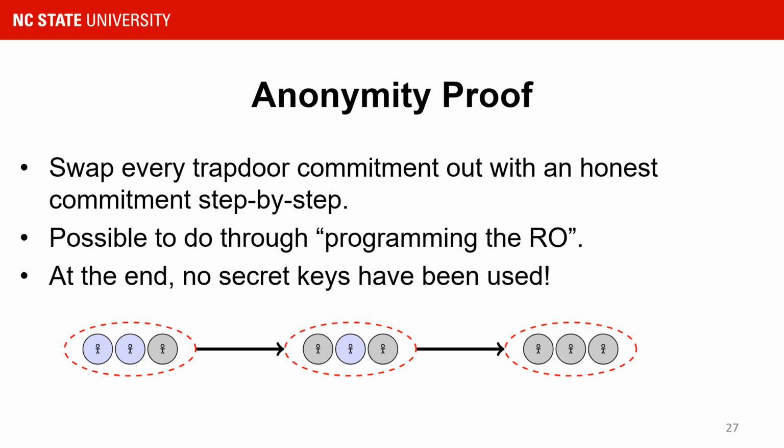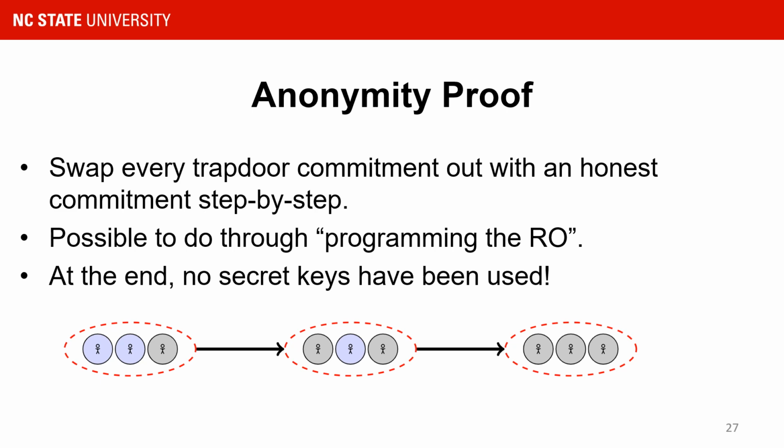That allows us in the proof to change the time point at which 0z is learned, and we can use honest commitments for everyone. This goes step by step, and we prove that each step change is indistinguishable from the previous one. In the end, because each swapping out is indistinguishable, having some signers and having no signers are indistinguishable to an adversary.